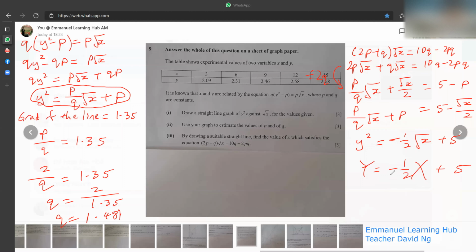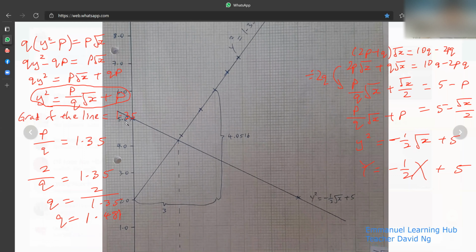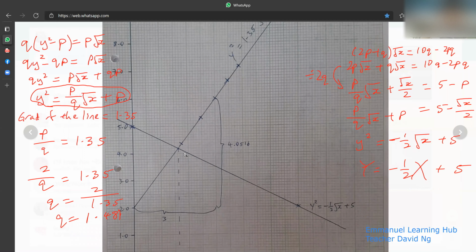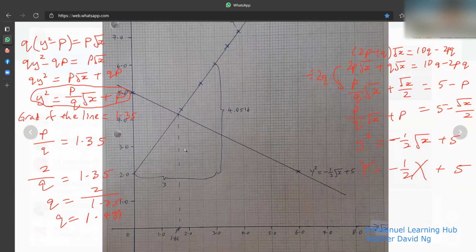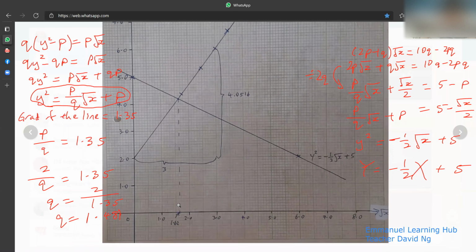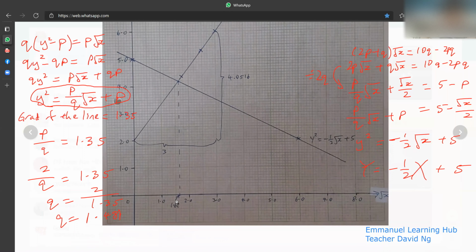Then you draw this straight line. The intersection is the solution for this equation. Okay, the intersection, if I draw this line, plus 5, I draw this line. So the intersection is this one, 1.62.